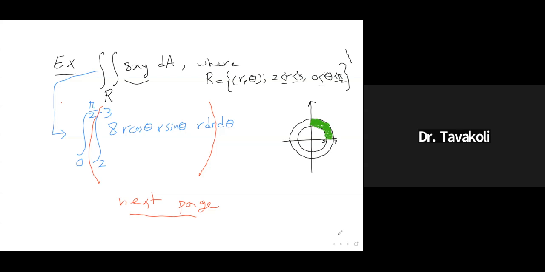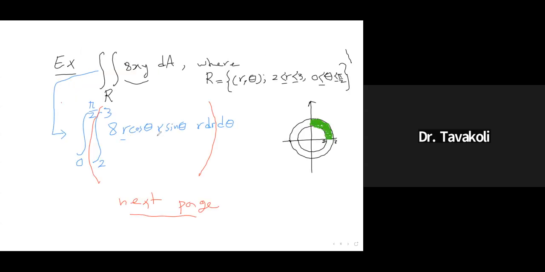So the outer integral from 0 to pi over 2 of 8 cosine theta sine theta d theta, and the inside integral was the integral that we have here.